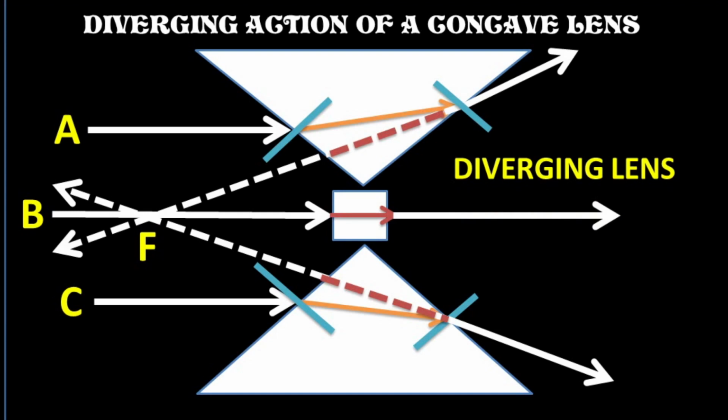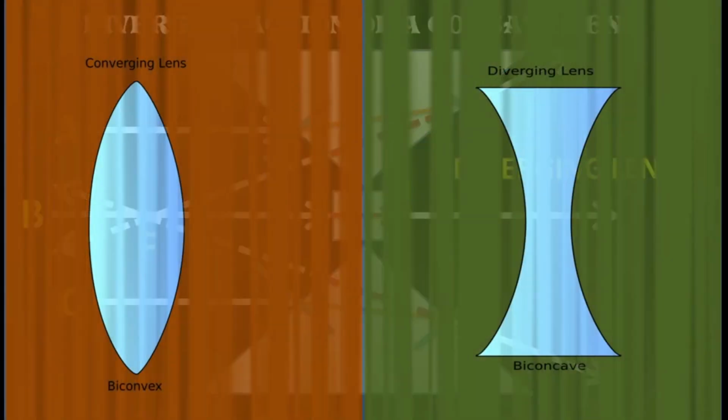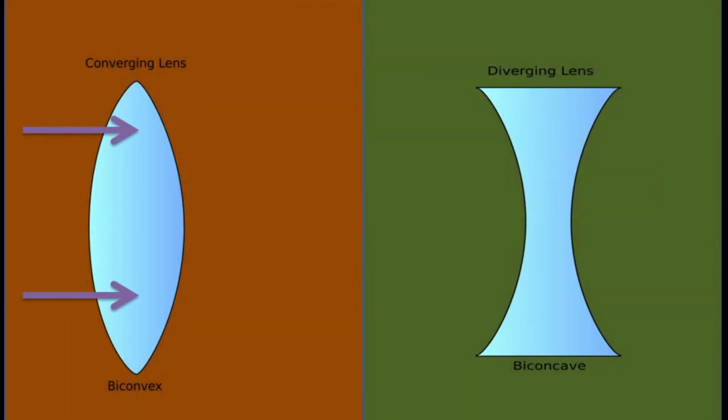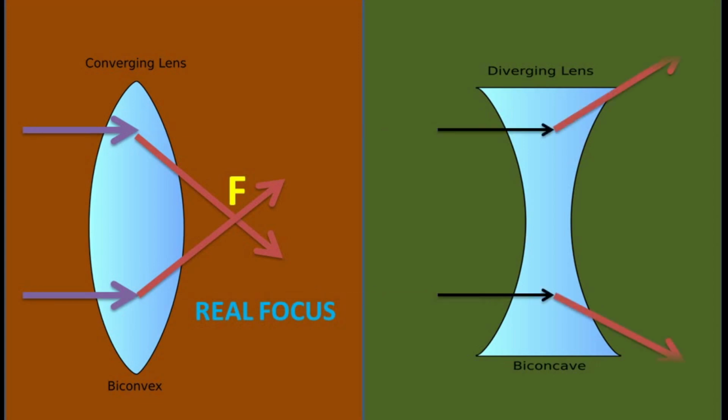Since in convex lens, rays actually meet at a point F or focus, convex lens has a real focus. And in concave lens, rays do not meet but appear to meet at a point F or focus. So concave lens has a virtual focus. Virtual means appear to meet.